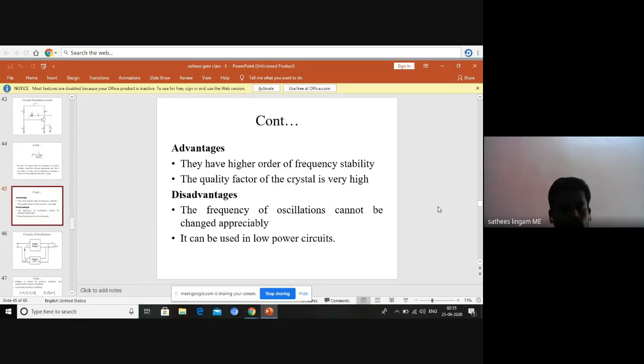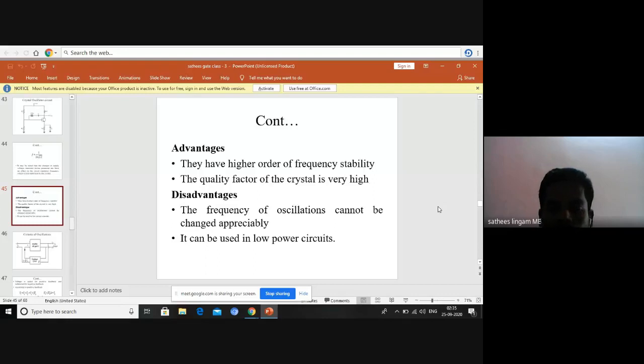We cannot adjust it by varying the parameters of the capacitor and inductor. We cannot increase or decrease the frequency of oscillations using a crystal oscillator. That is the very big problem we face: a fixed frequency is delivered in our output side.